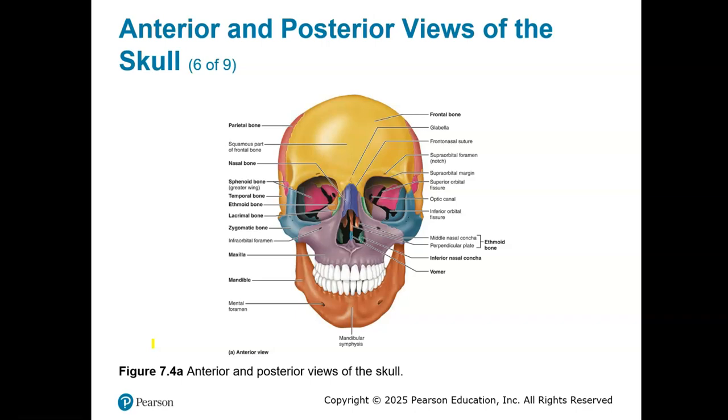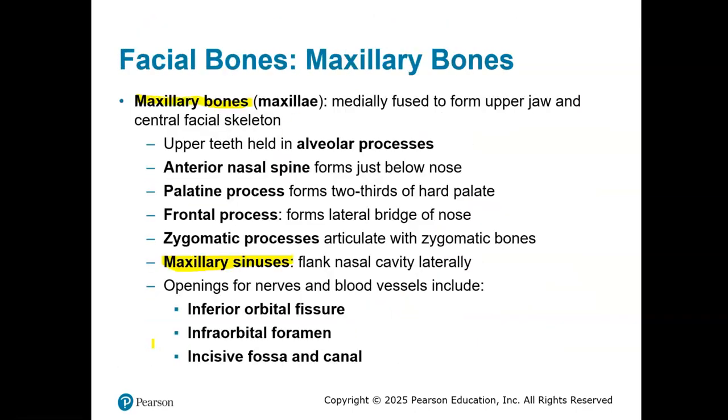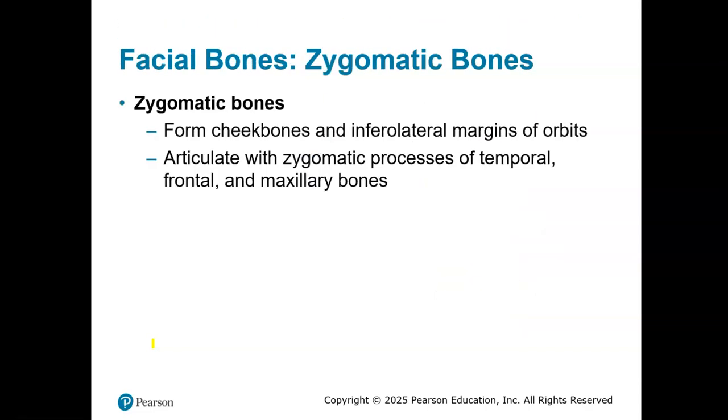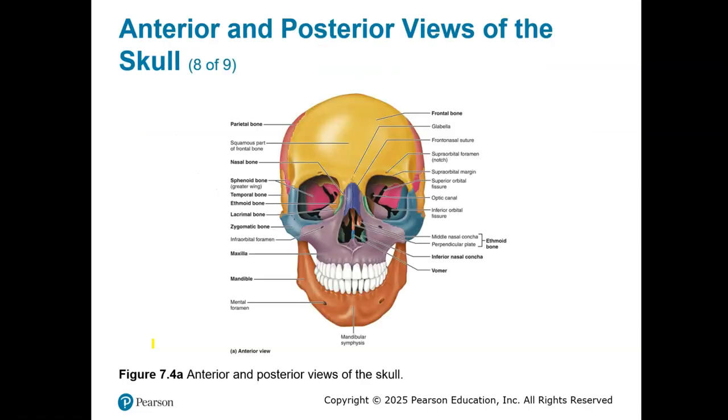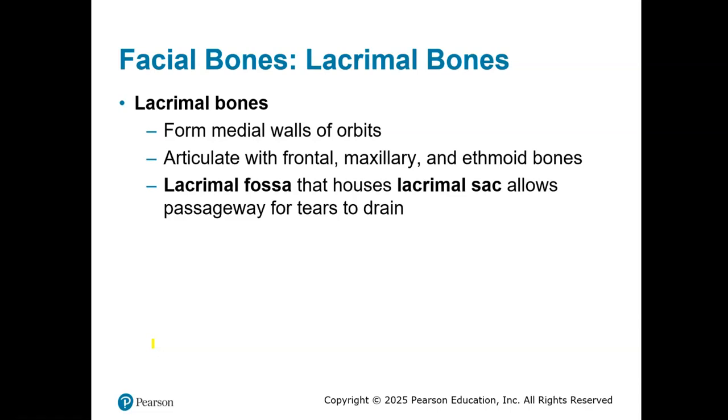So we've named the sphenoidal sinuses and the maxillary sinuses. Then the zygomatic bones are the cheekbones. The nasal bones form the bridge of the nose, and they do attach to cartilage that forms the tip of your nose.